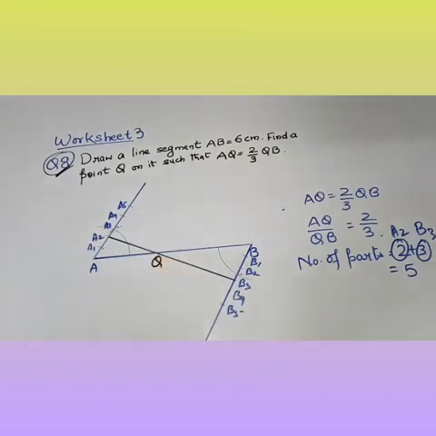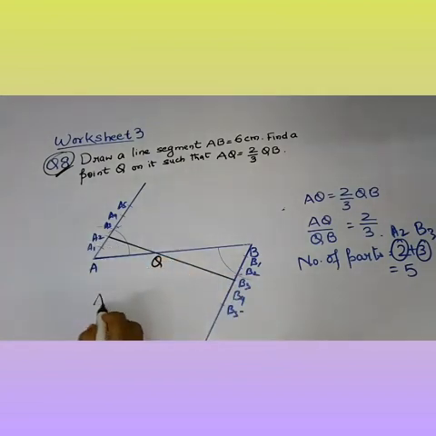This is Q. And now we can write here that AQ by QB is equal to 2 by 3, or AQ is equal to 2 by 3 QB.